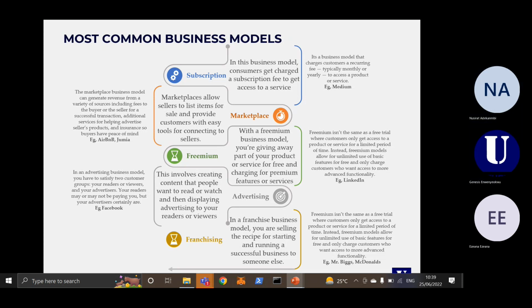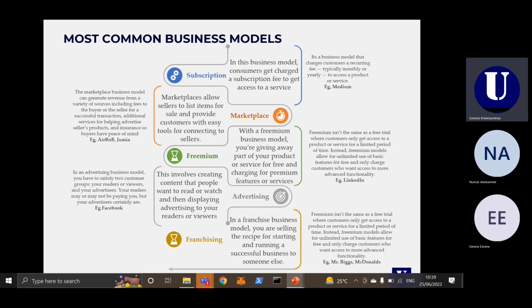So that is what they call subscription model. You are subscribed to their services, right? And the services have different range. You can subscribe for just the classic, premium, basic, depending. That is how subscription model works. It has different range. So subscription model is basically, in this model, consumers get charged a subscription fee to get access to a service.